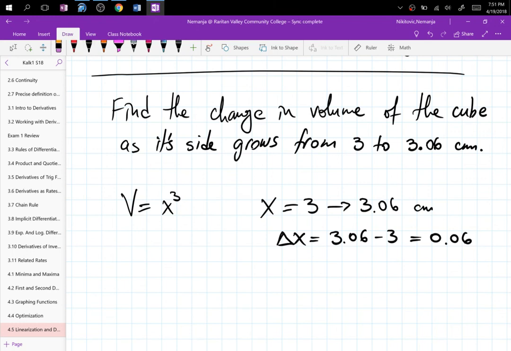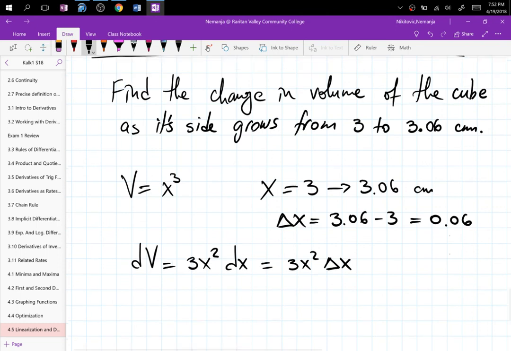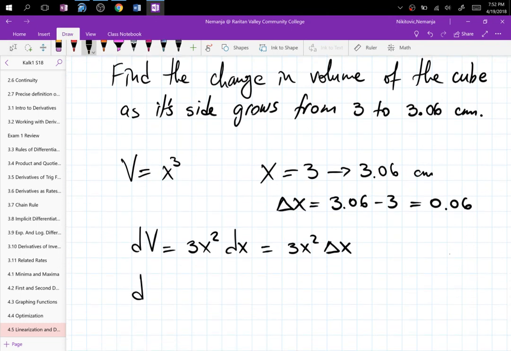I need to find the derivative here. So dV, the volume, is equal to the derivative of this puppy, which is 3x squared, times dx, which is actually equal to delta x, so 3x squared delta x. So the change in volume is 3 times 3 squared times 0.06.